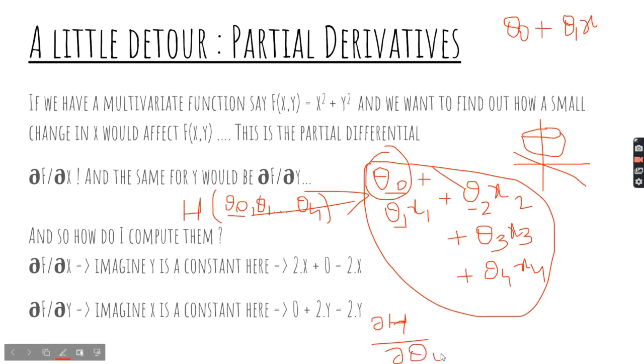Or to put it in different words, if I change the value of theta 0 by a little bit, how much will my function change? And you have to remember that all the other things here are constant at this point. They are treated as constants. So yeah, that's what partial derivatives are.